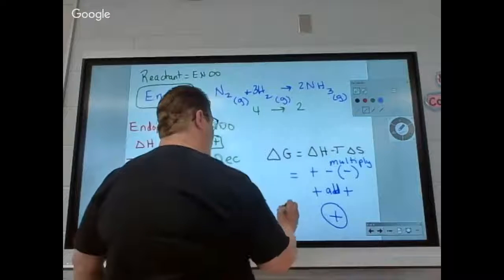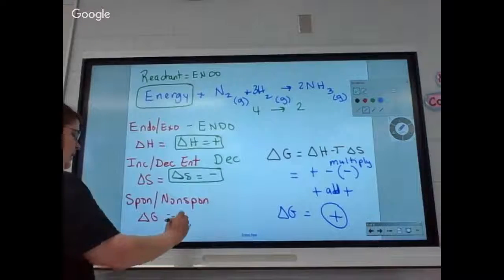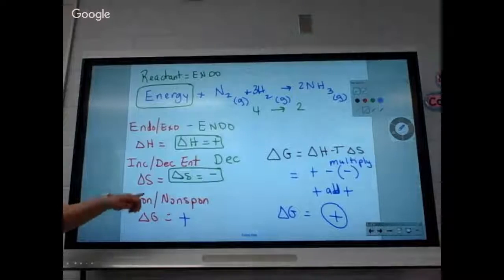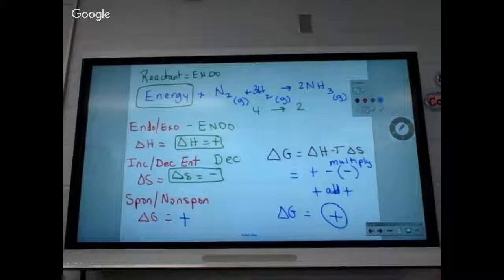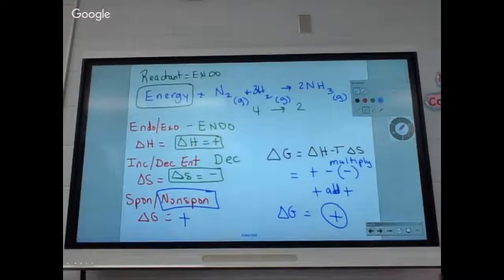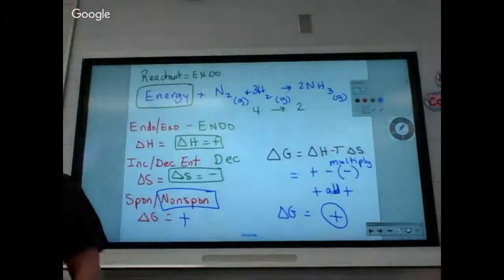So delta G is positive. So if it's positive, are we spontaneous or non-spontaneous? We are non-spontaneous. Questions? Yes? No? We're going to do another one before we go over homework.